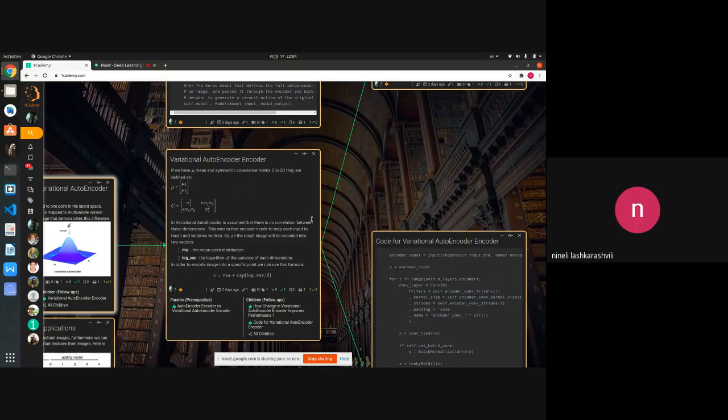So this simplifies this process. So the encoder needs to map each input to mean and variance vectors. And as a result, we would have these two vectors, mu, the mean point of the distribution, and log var, the logarithm of the variance of each dimension. And in order to encode our images, we will use this formula.